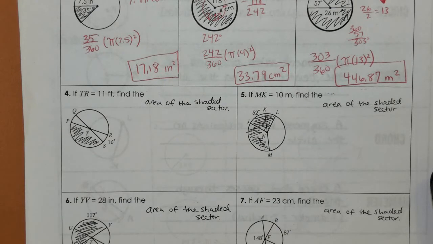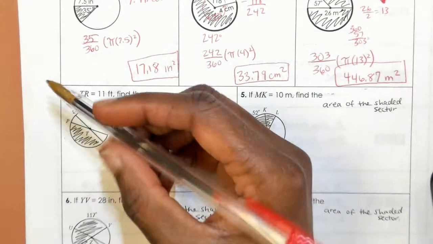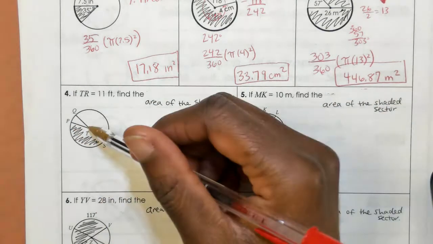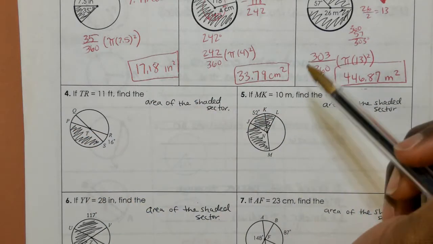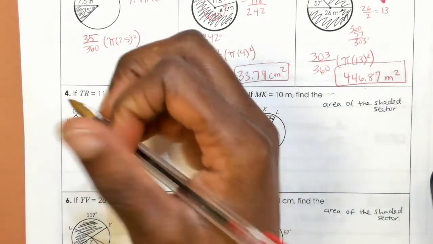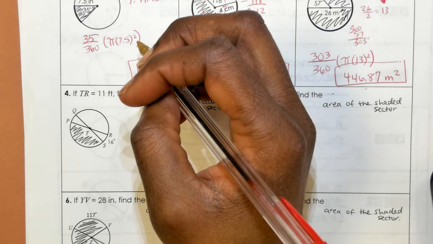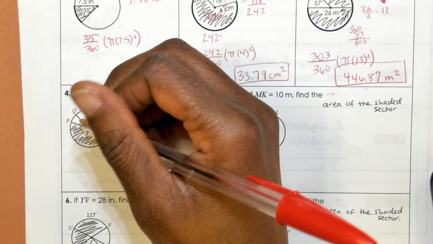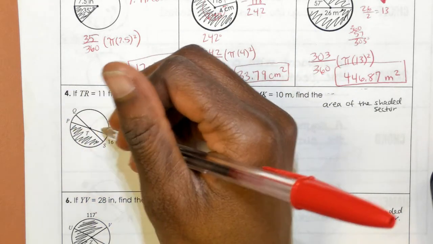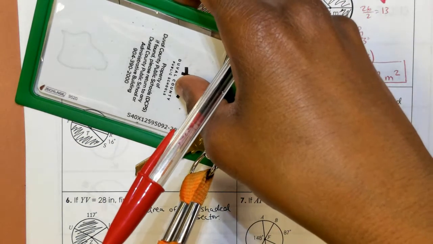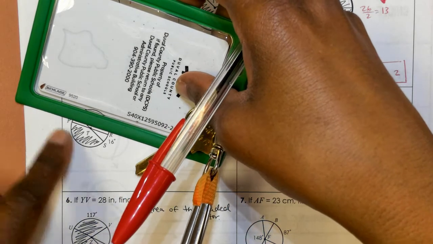You're having to figure out what the degree of the arc of the shaded portion is, and then that over 360 times the area of the circle. In this case, if you have a part of the circle shaded and you don't know a bunch of different arcs in here, you want to use 180 when you can. So if I cover this up, 180 degrees would be from P to R. It's a semicircle.